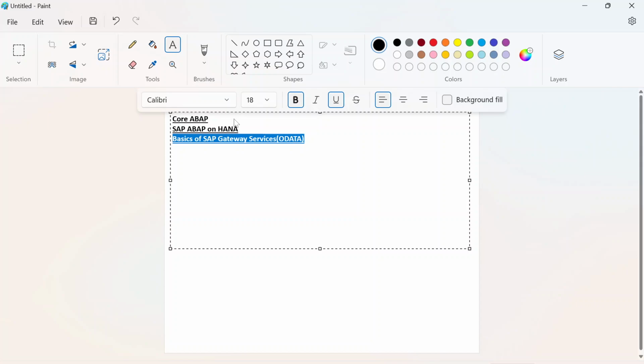And as part of this core ABAP, we are going to cover OO ABAP as well, object oriented ABAP, nothing but object oriented programming. So these are the main concepts we are going to cover as part of this training program.